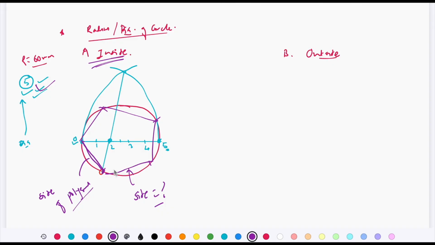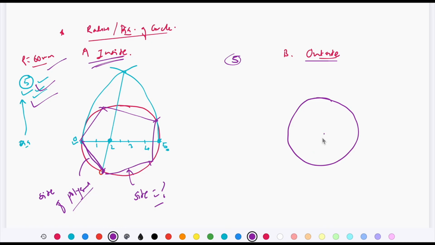In this specific case, we have drawn a pentagon inside a circle of radius 60 millimeter. Next, when you have to draw a pentagon outside a given circle, again we are going to draw a pentagon, but this time outside the circle.